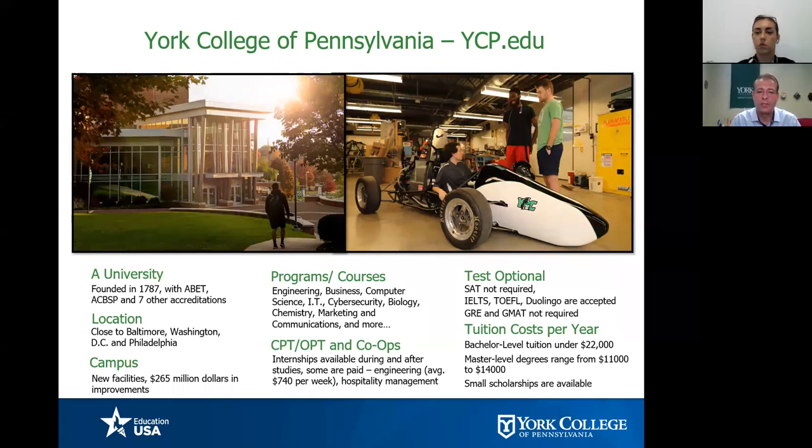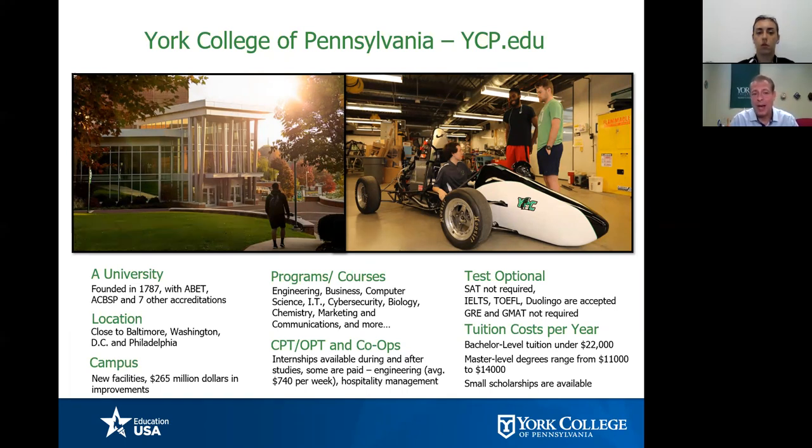We also offer something called co-ops. Co-ops are specifically tied to engineering students. Now with co-ops, you get 3 of them during your studies, and you work at a company full-time, 40 hours per week, and you take 1 class. So you get reduced tuition because you're only taking 1 class, and you get paid like a real job.